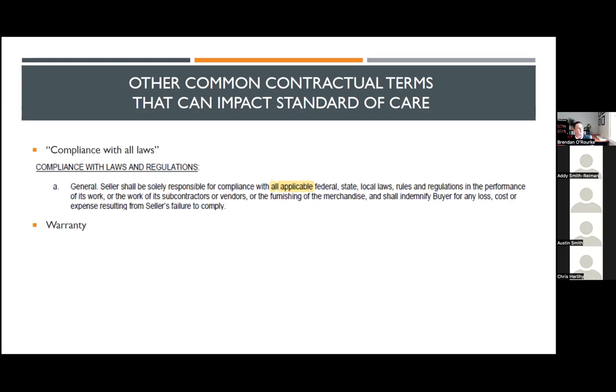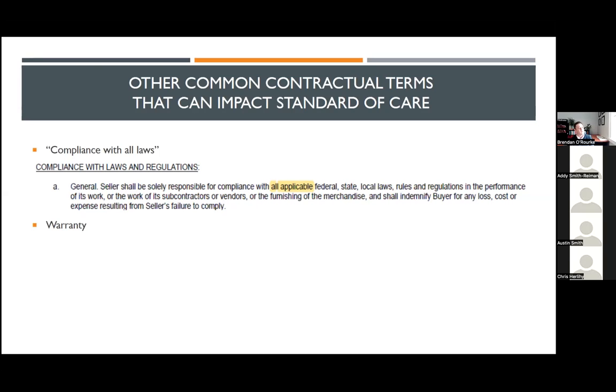If you're seeing the terms buyer and seller in a professional services contract, I would already throw some caution at that. That to me is more of a purchase order that a manufacturer would use.